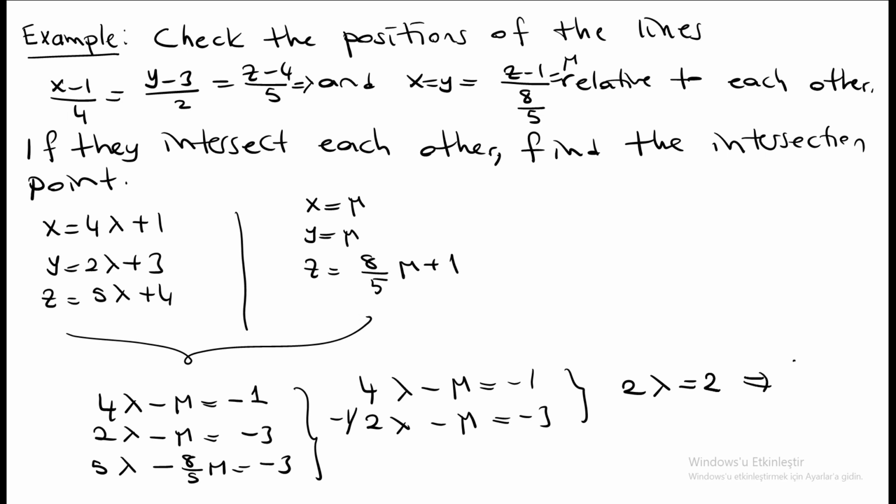And from here lambda will be 1. So if lambda is 1, then we have 4 minus mu equals −1. So from here mu will be 5. So this one and this one.